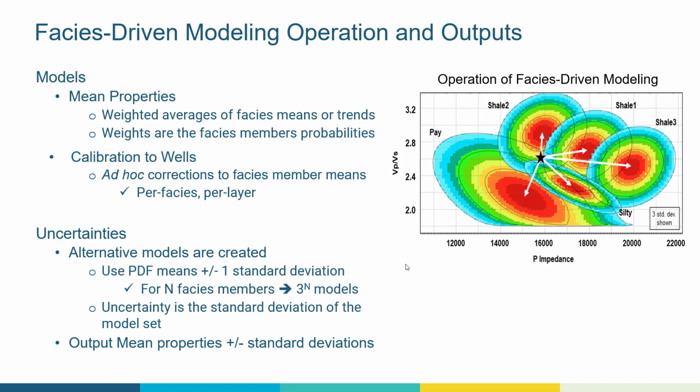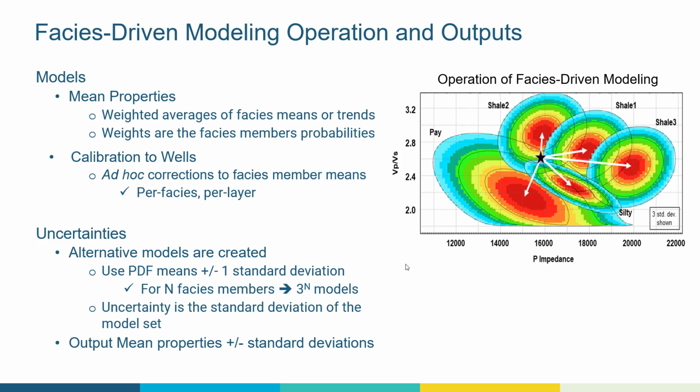So we would, in the first instance, take the mean of the PDFs to use in our weighted average to compute our reservoir properties, but we also change that mean by +1 standard deviation and -1 standard deviation, creating 3 possibilities for each facies. And if there are n facies members, that means we get 3 to the n models.